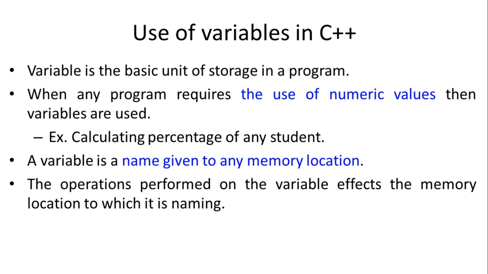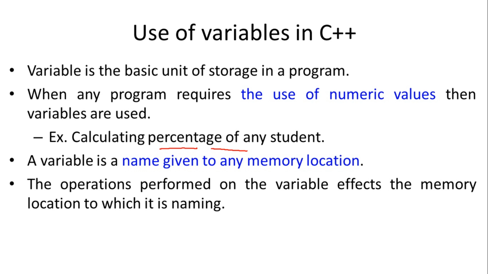But whenever any program requires numeric values, for example integer values, fraction values, or anything, in that case variables must be used in a C++ program. One example in which variables are used is calculating the percentage of any student. For example, there is a program that finds the percentage obtained by students of a class.